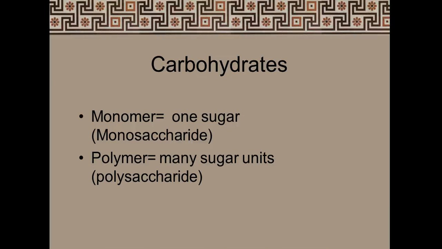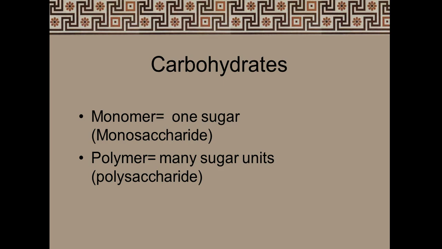Okay, so just to recap, in case you didn't pick this up before, a carbohydrate's monomer, or its one Lego, or its building block, is one sugar unit, and we call that a monosaccharide. When we stack a bunch of them together, a polymer would be many sugar units, or a polysaccharide.